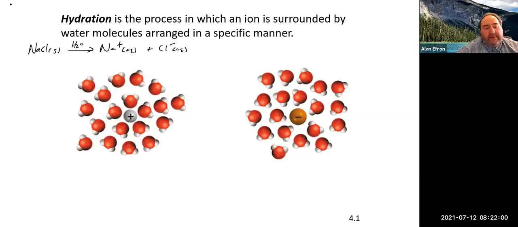And remember that when we talked about aqueous, there is a difference between this and something in its liquid state. Something in the liquid state is a pure liquid, like if we just had water by itself.